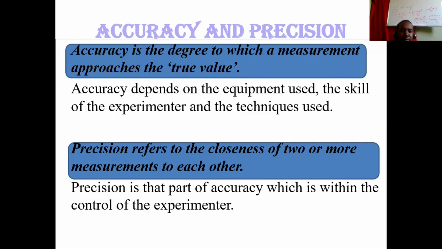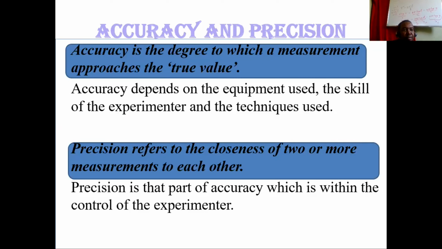So accuracy means how close you are to your true value, while precision refers to the closeness of two or more measurements to each other. So in precision, it's how close the values are when you redo this experiment or measurement, or you have two or three values that are close to each other. It doesn't necessarily mean that it will be close to your accurate value, right?